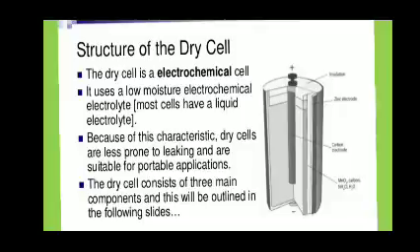Because of these characteristics, dry cells are less prone to leaking and are suitable for portable applications. The dry cell consists of three main components, outlined in the following slides.